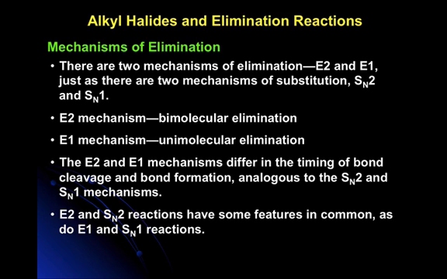It's just like SN2, right? So the rate is going to be equal to a rate constant times the alkyl halide times the base, right? And how many steps do you think it's going to have? It's going to have 1 step. So as the base comes in and abstracts the hydrogen, the leaving group is leaving and the pi bond is forming all at the same time, okay?